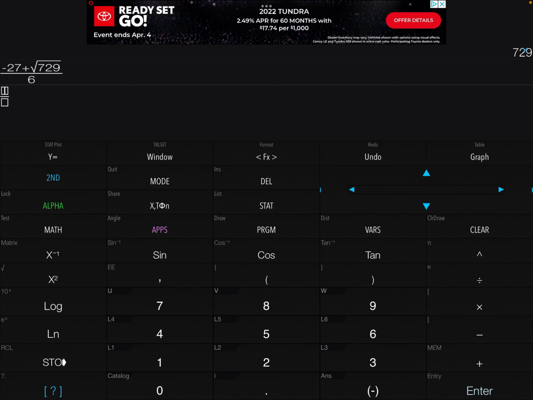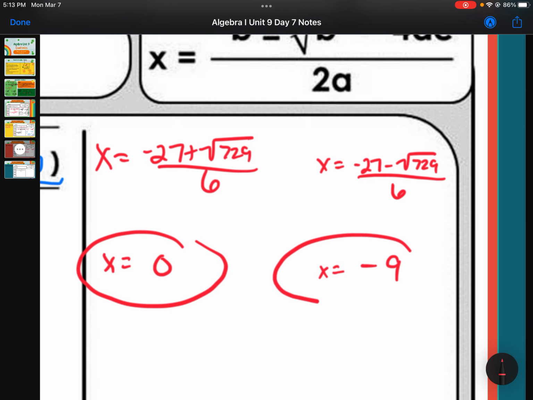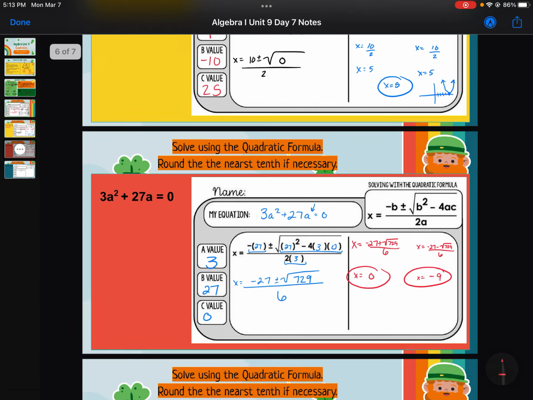Well, let's go alpha. Negative 27 minus square root of 729, divided by 6. Negative 9. There's my two solutions. We got one more together.